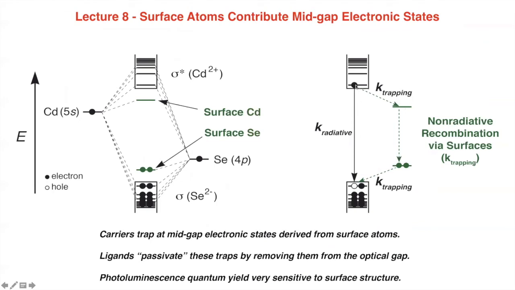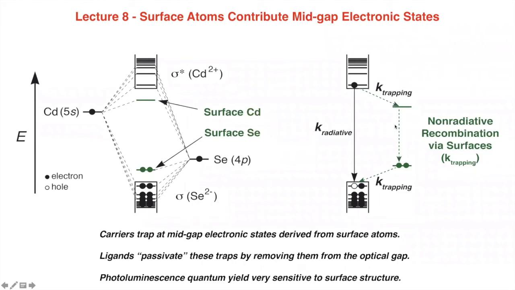And trapping is just a colloquial term for the electron falling into one of these surface states and being no longer delocalized, but instead localized. And those localized charges have an easier time falling back down by producing phonons instead of photons. So surface states will capture photoexcited charges and allow them to recombine and get back to the ground state by producing heat.